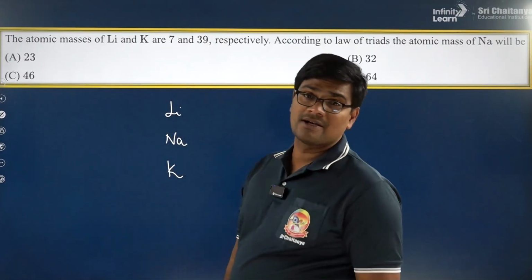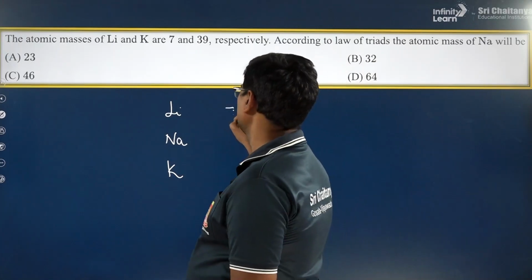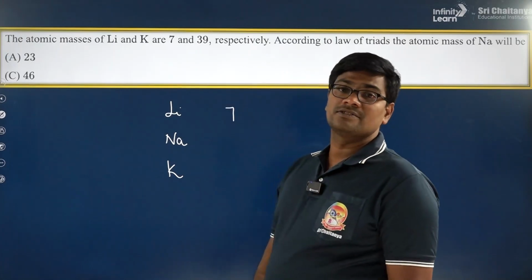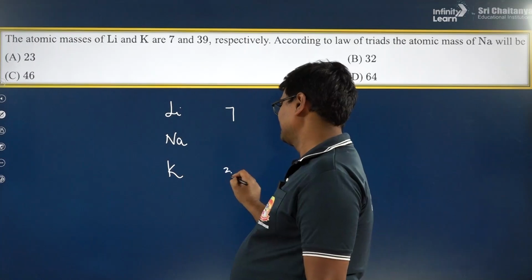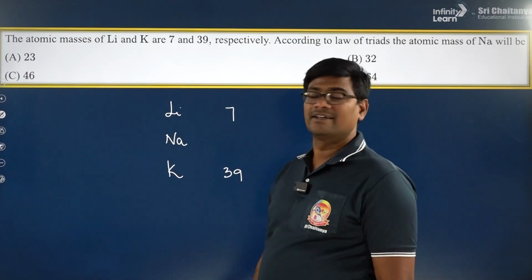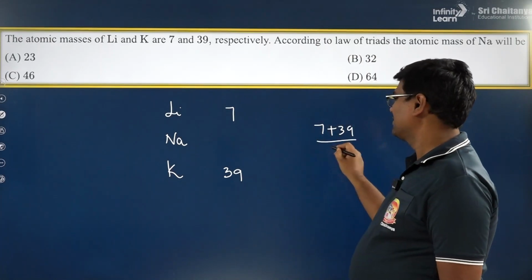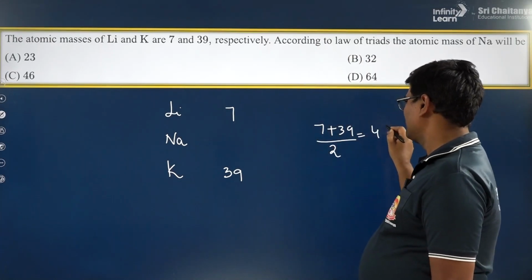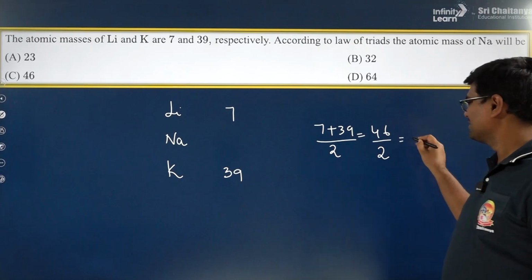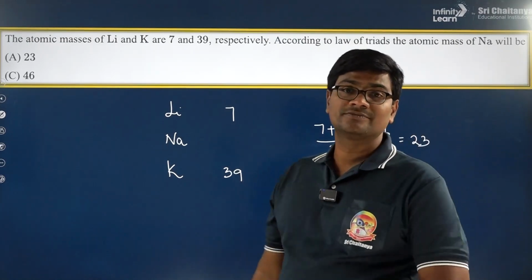Lithium atomic mass is given as 7 and potassium atomic mass is given as 39. Then what is the average of 7 and 39? That is 7 plus 39 divided by 2, 46 divided by 2. Then what is its value? 23.